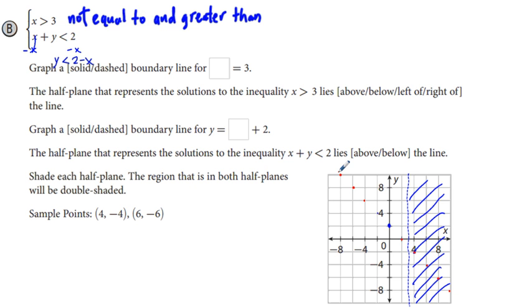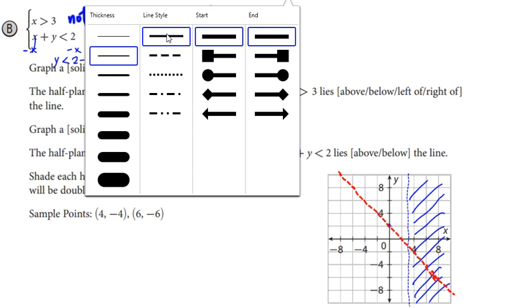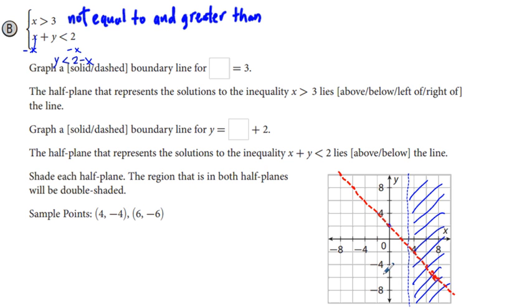See if it's more visible with the dashed line, having made the line a little bit bigger. Okay, it's key where we cross their boundaries. And it's going to be less than, and so I'm going to shade this area here. I'm going to go a different direction, but I'm going to shade like this.